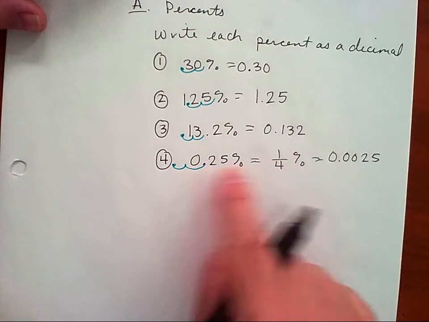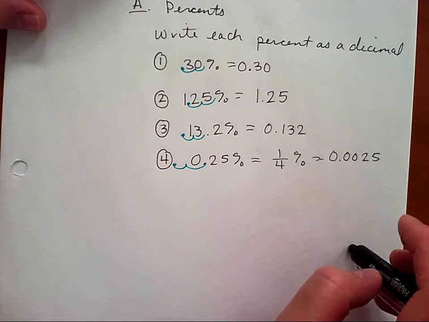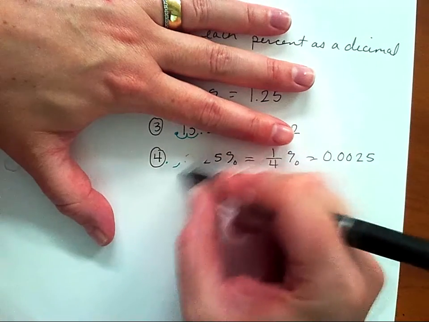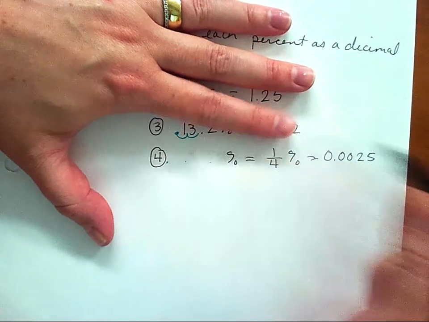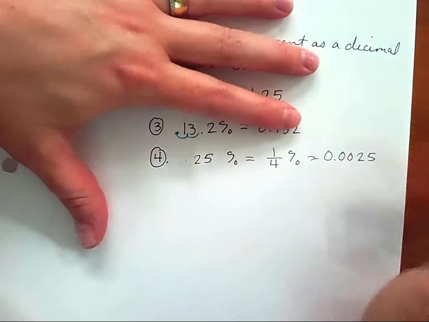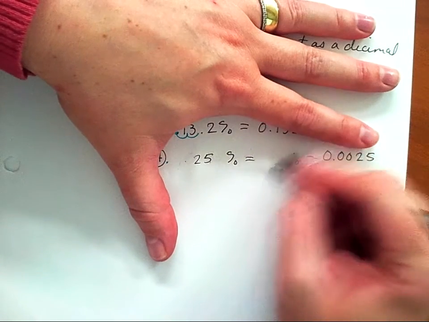Oh, 1/4 is 25%. So it shouldn't equal 1/4 of a percent. Yep, you're right. 1/4 is 25%. So it's 1/4 of 100%. Thank you, Aiden. That's very good.